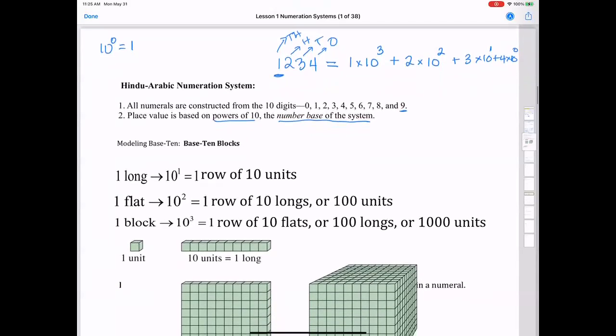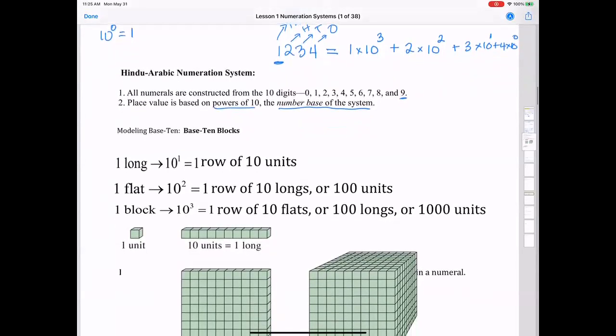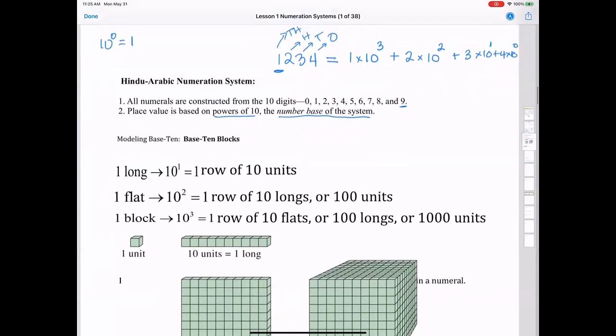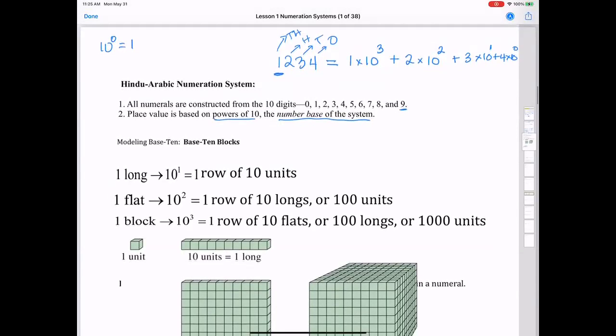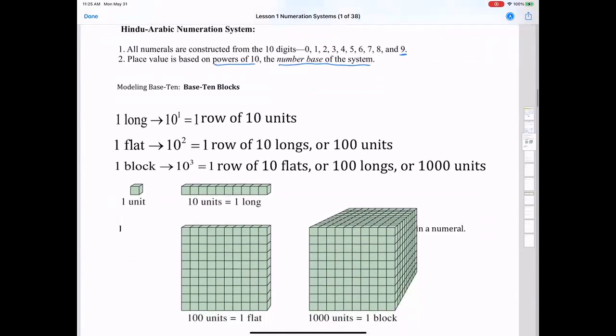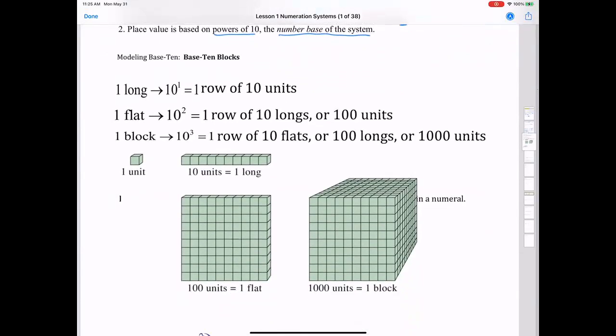Now, if you're teaching elementary students and you want the students to conceptually understand how base 10 numbers are represented, we could use what we call the base 10 blocks. The unit of measure is this little cube. This little cube is called 1 unit, one object, 1 unit of that measurement.